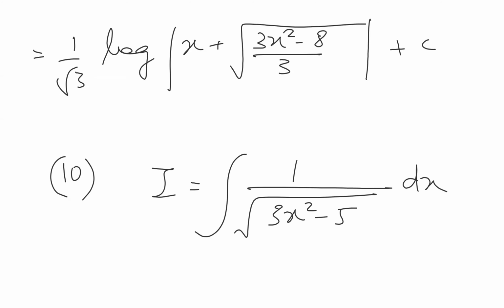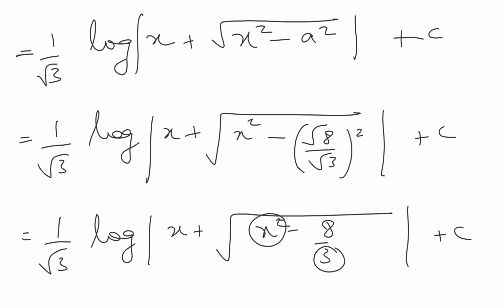Root 3 is wrong. Root 3 we don't have to eliminate first. We have to eliminate 3. So that problem you can try on your own. I hope the entire methodology is clear now.